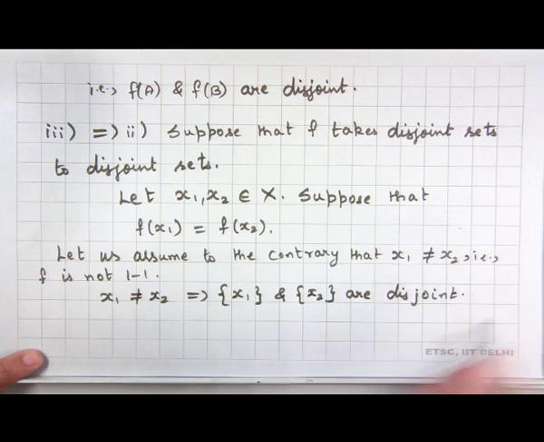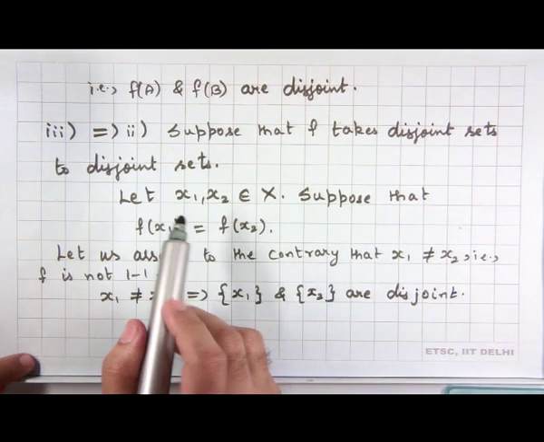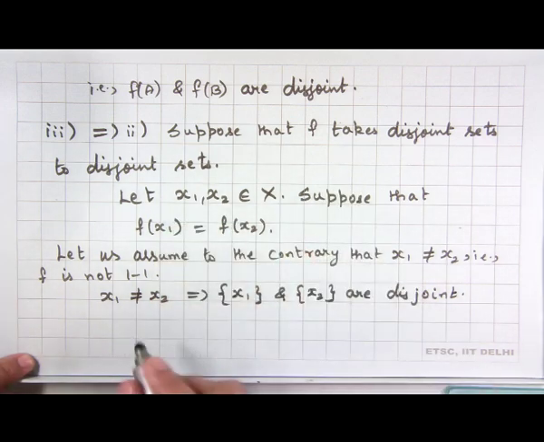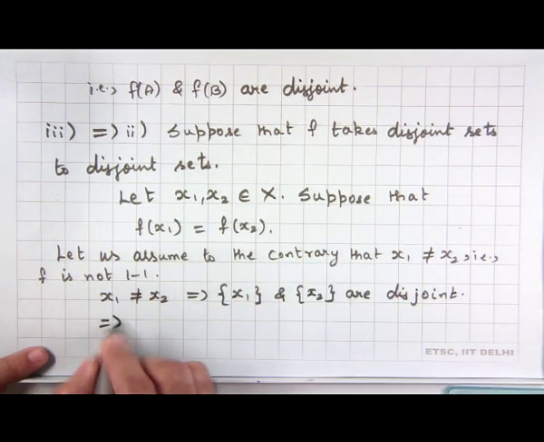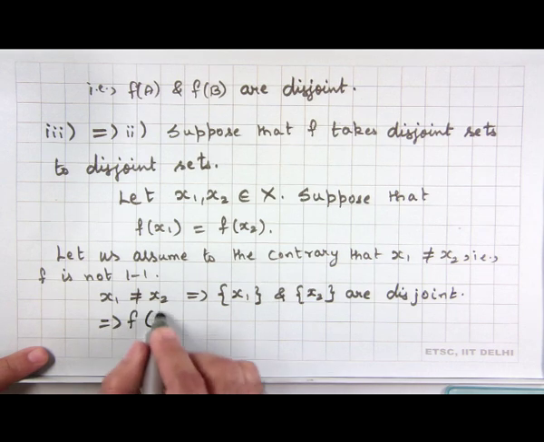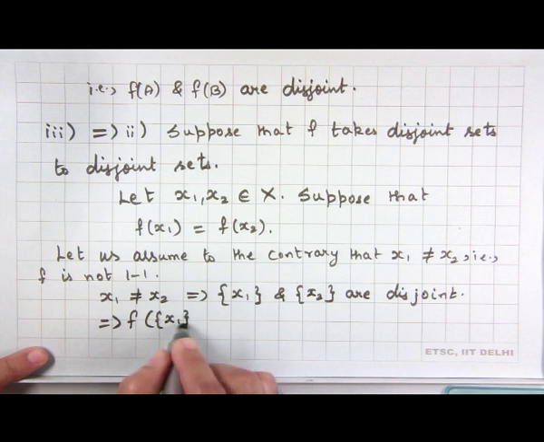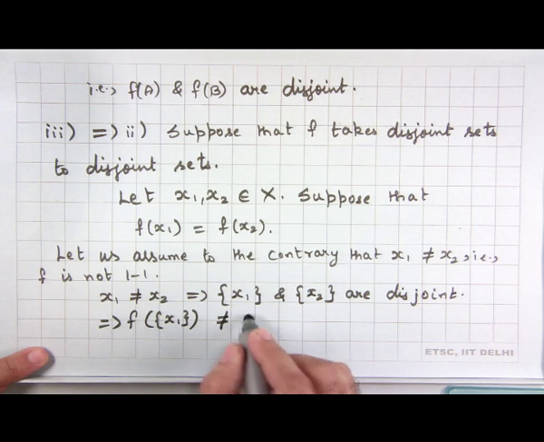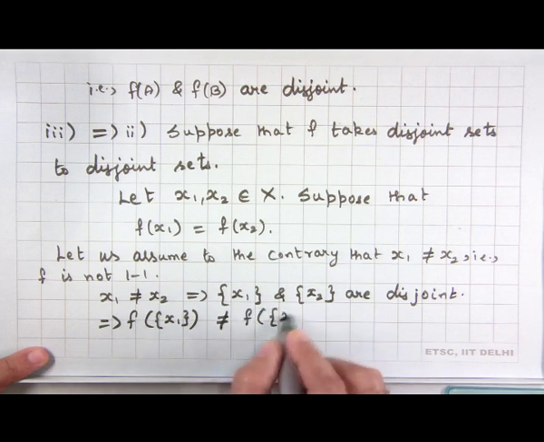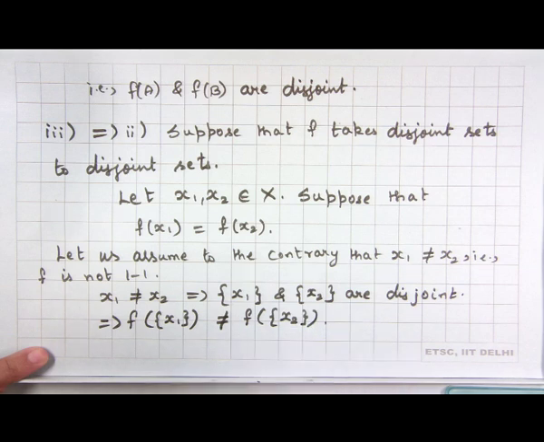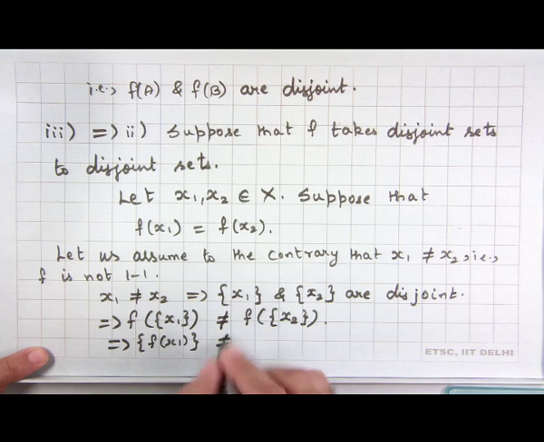But then our assumption says that f takes disjoint sets to disjoint sets, that implies that f of {x1} is not equal to f of {x2}. That means this set is exactly {f(x1)}, and this is not the same as the set {f(x2)}.